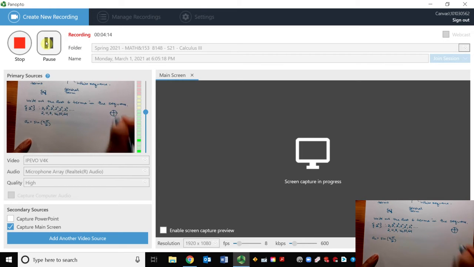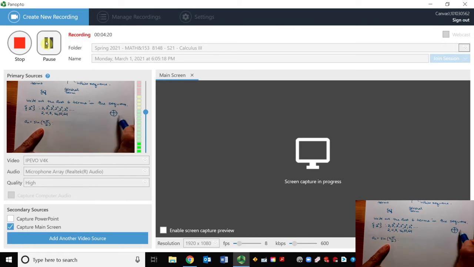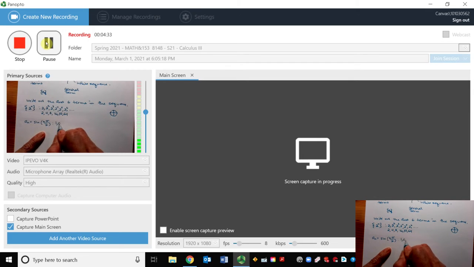Remember, it's the y values as you go around. So n equals 1: I have the sine of pi halves. I'm up top, so that'll be 1. N equals 2: the sine of 2 pi halves, so that's the sine of pi. Now I'm over here. That's a 0.